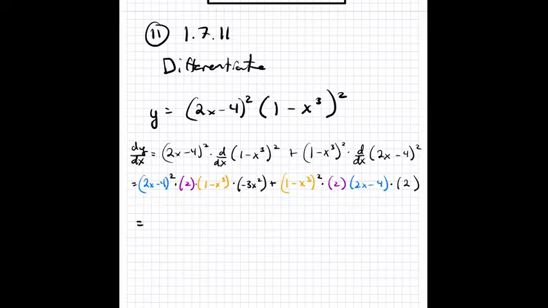all right, my timer is about to go off. 7:15. Okay, this gives us 2 times, we're going to have this 2x minus 4. We're also going to have this 1 minus x cubed. Now what's left over? We still have a 2x minus 4. That's multiplied, so we need to say times negative 3x squared, okay?